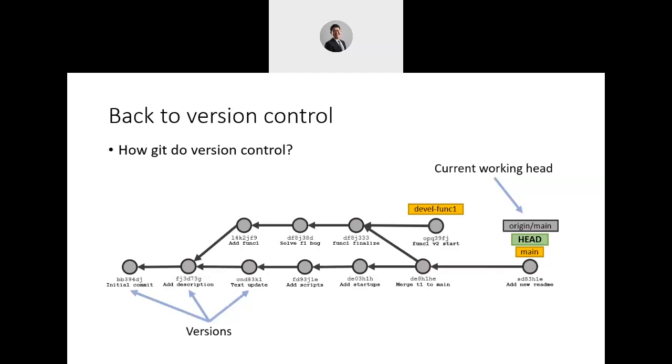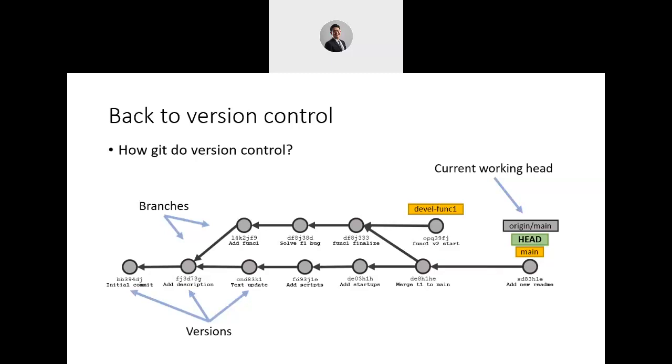So there are versions when you do version control, and branches. Imagine you and your teammates are doing a project, and at some point you say, okay, we need a function one, but your teammate doesn't want you to mess up the main code while you're developing. So you can branch out a branch specifically for that function development.